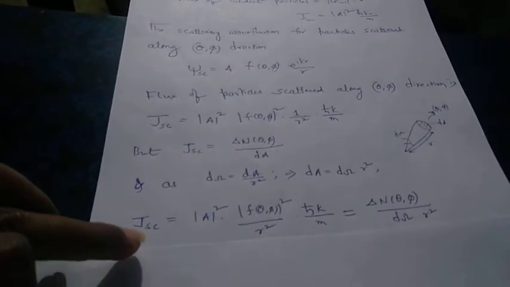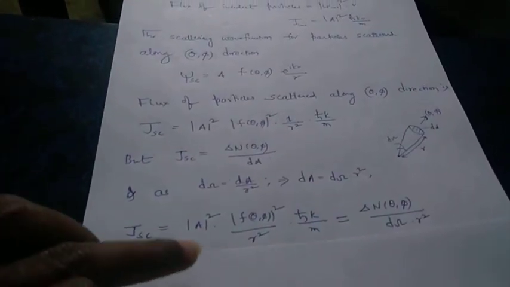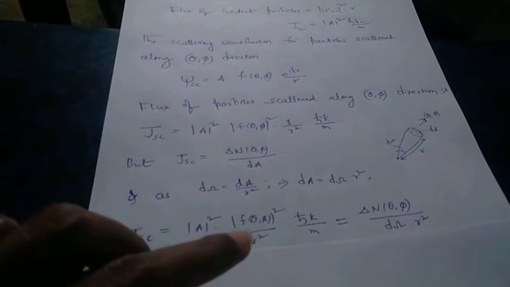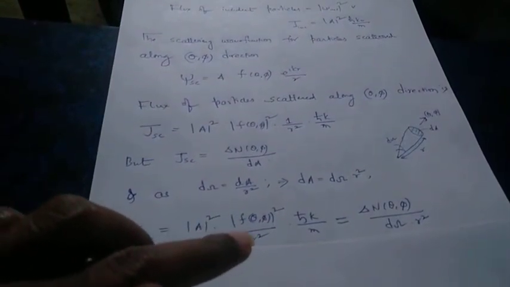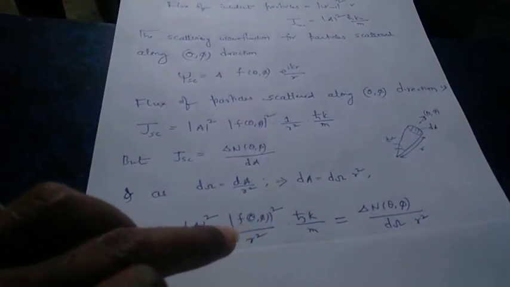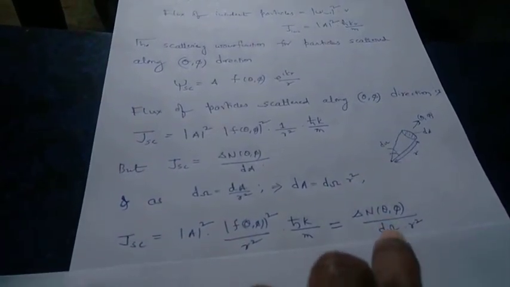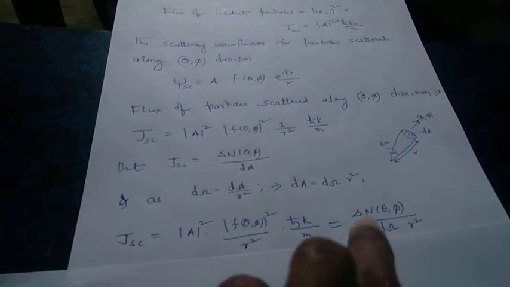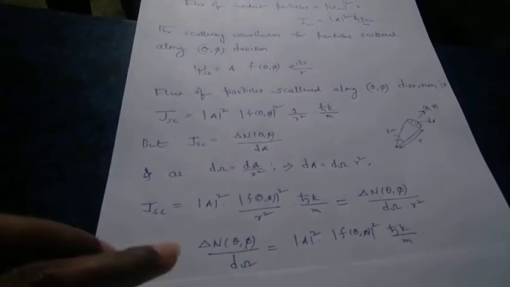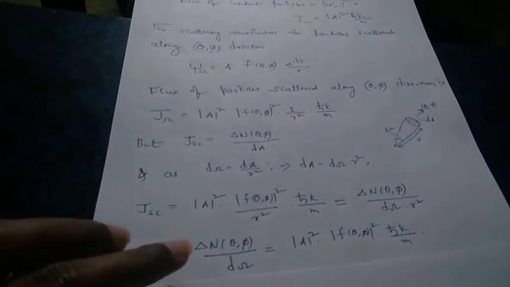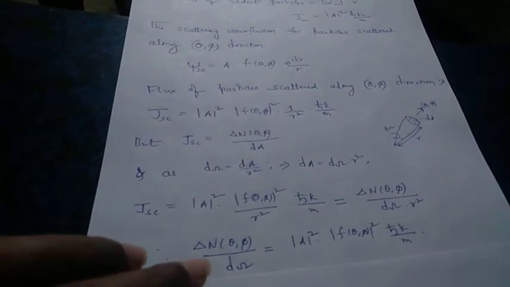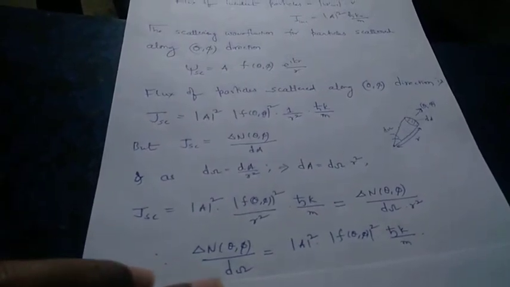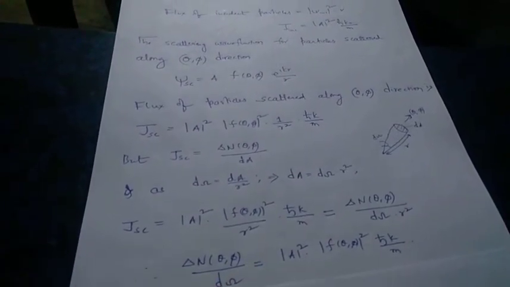Therefore our scattered flux, which we got this way in terms of scattering amplitude, should be equal to this quantity in terms of delta n. So we can express the ratio delta n theta phi and d omega as this quantity here.